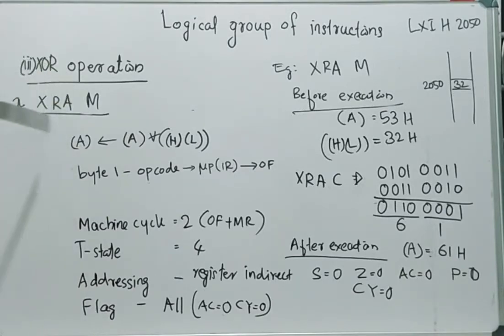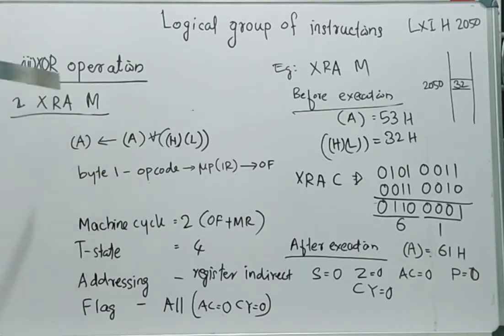When we convert this instruction into machine code, the machine code size is 1 byte. In other words, in order to save the machine code of this instruction, it requires only one memory location, where we save the opcode corresponding to that instruction. So it is a 1 byte instruction.